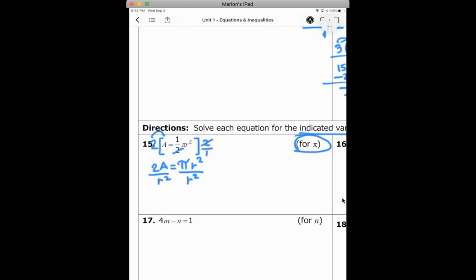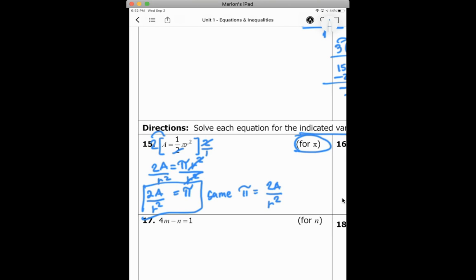This will cancel because r to the 2 over r to the 2 is equal to 1. So therefore, we have pi is equal to 2A over r squared. That is our answer.